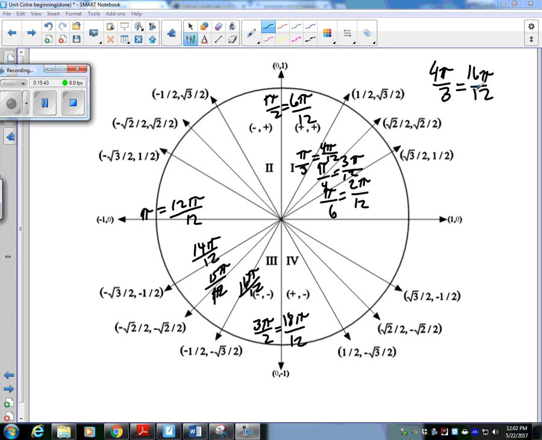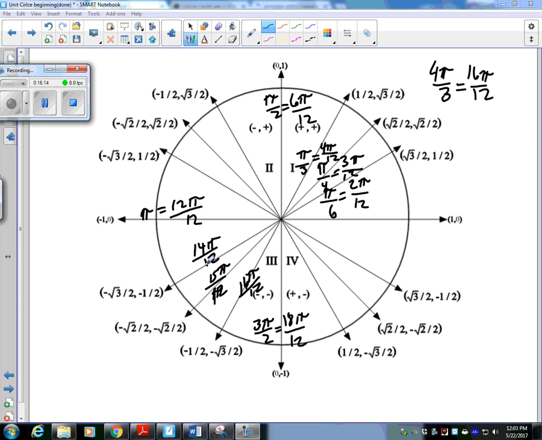Also, half here is 6 pi over 12, or a quarter. Halfway, pi is the same thing as 12 pi over 12. Then I converted each 30-degree angle to 2 pi over 12. So I added 2 pi over 12 to 12 pi over 12 to get 14 pi over 12, and then it's 15, 16. So we're looking here.